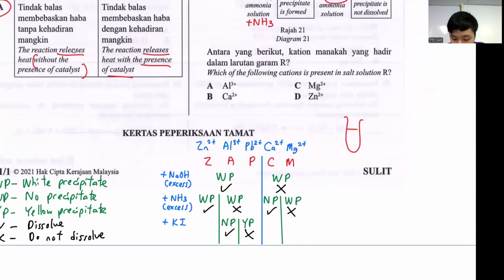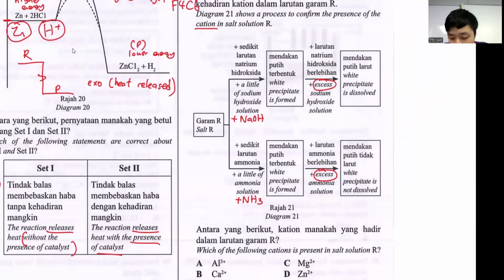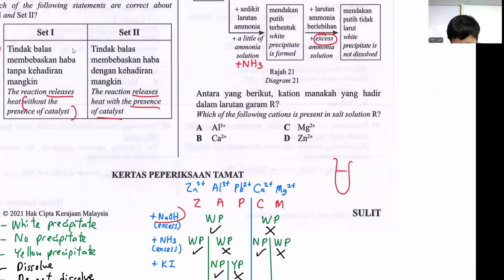So the first one I have to add NaOH. You see the result? If I add NaOH, a white precipitate is formed. It can be Zn, Al, Pb, Ca, Mg. Am I right?